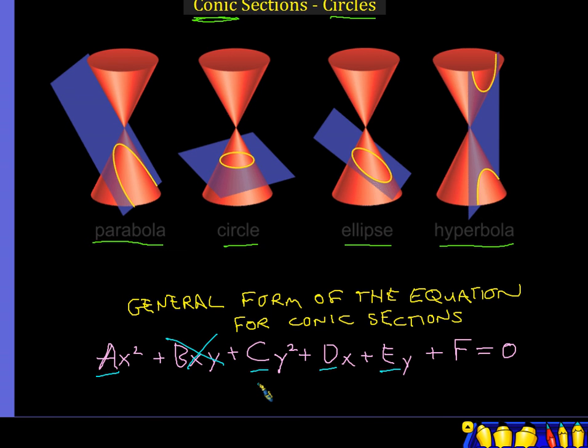You can also have parabolas that just have a y squared and an x and a y, but parabolas don't have both an x squared and a y squared. So either A or C will be 0. That's kind of a trick. And circles, A and C will always be equal to each other, and in fact usually they'll just be 1. A will equal 1 and C will equal 1.